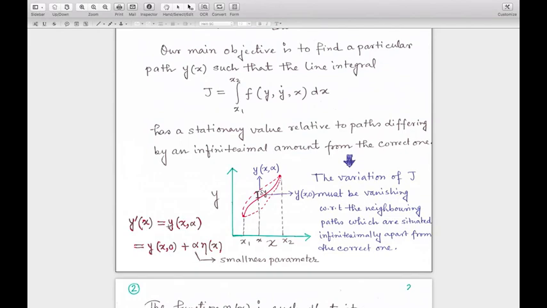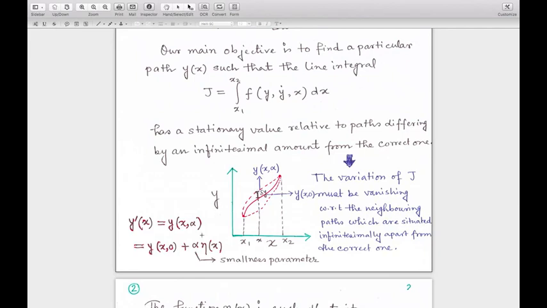So we can write such arbitrary neighbor curves of y equals y of x as y of x and alpha, where alpha is taken as a second variable by varying which, for a given value of x, you can have a different value of y. That's exactly what you can understand from here: for a given value of x, if you vary y to y plus delta y, you can have the value which is on another curve.